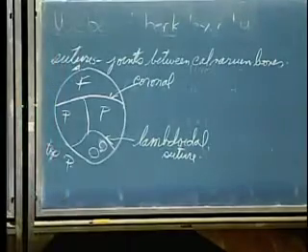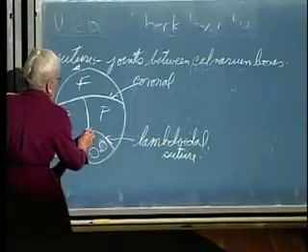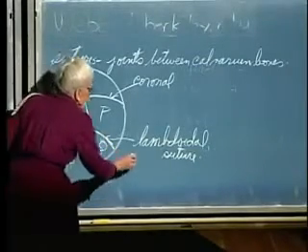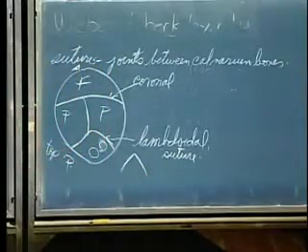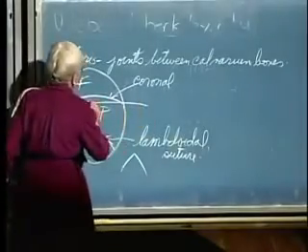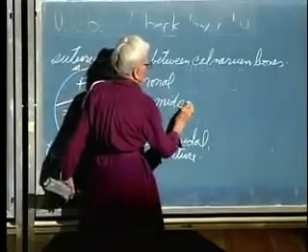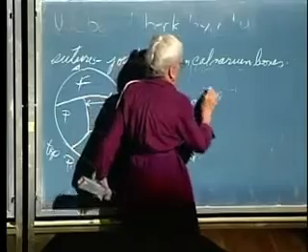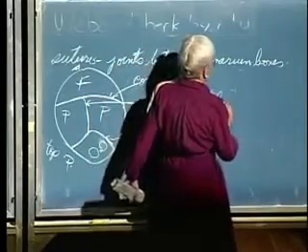Why lambdoidal? Because it looked to the early anatomists like one of the Greek letters, lambda. So it looked like a lambdoidal. And the one in the midline is called the mid-sagittal, sagittal suture.